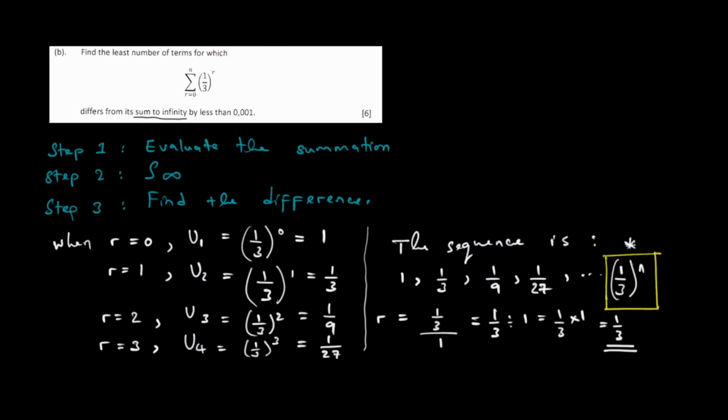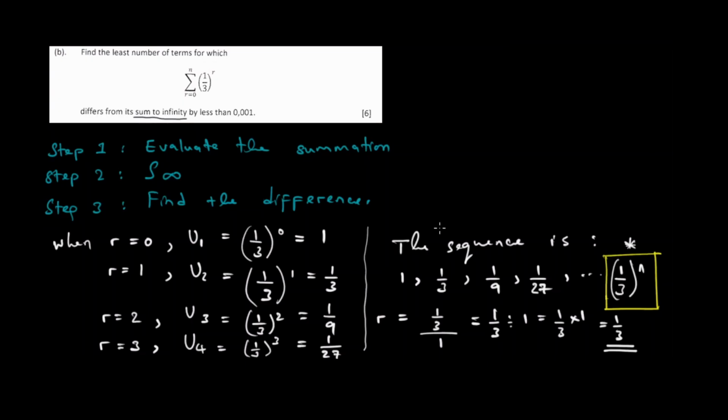If we want to mathematize that statement, we are saying find the least number of terms for which this evaluation differs from its sum to infinity. It is like finding how much 3 differs from 8; in essence I am saying 8 minus 3.